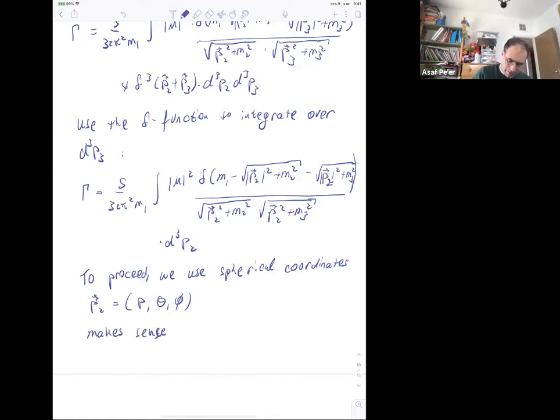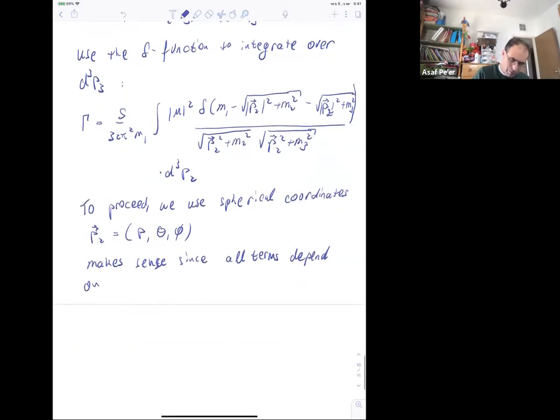All terms depend on P2 squared, which is just P squared. Specifically, this is true because the matrix element M is a scalar.